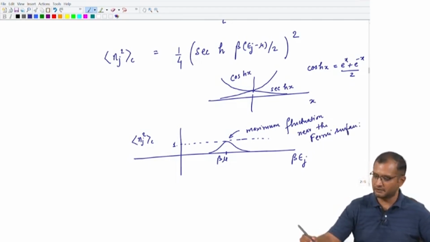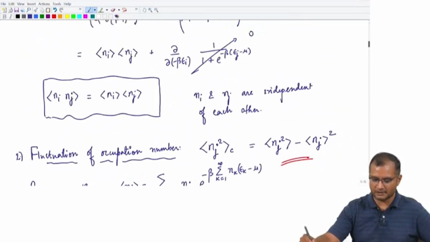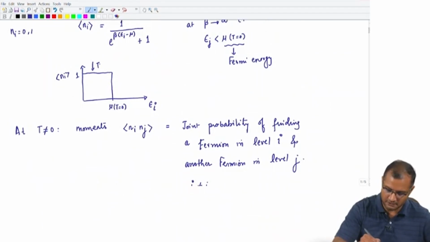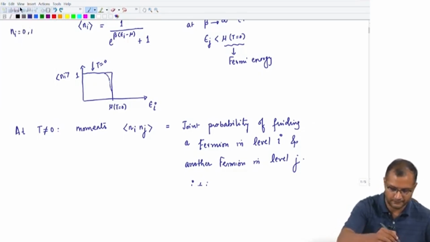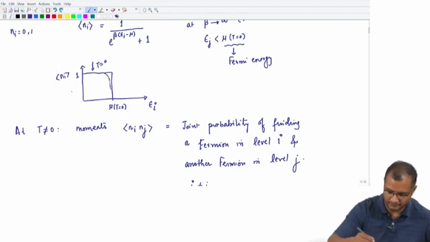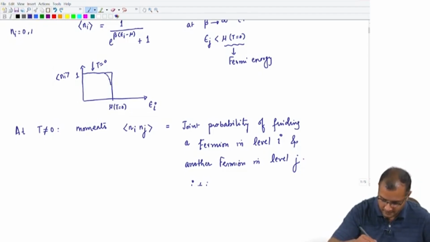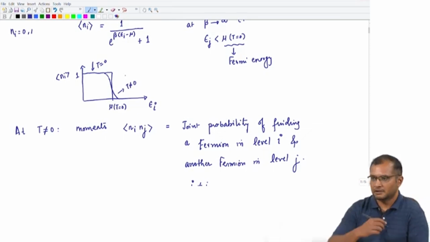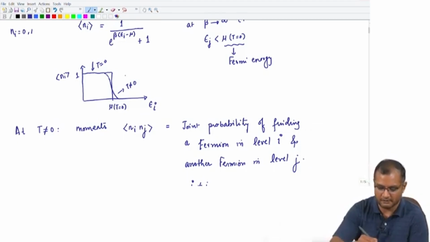Which is what you expect, because if you look at your distribution function, this was at T equal to 0, and if you want to sketch the distribution for non-zero temperature, then this is what we expect: the maximum fluctuation to be close to the Fermi surface, which is somewhere here.